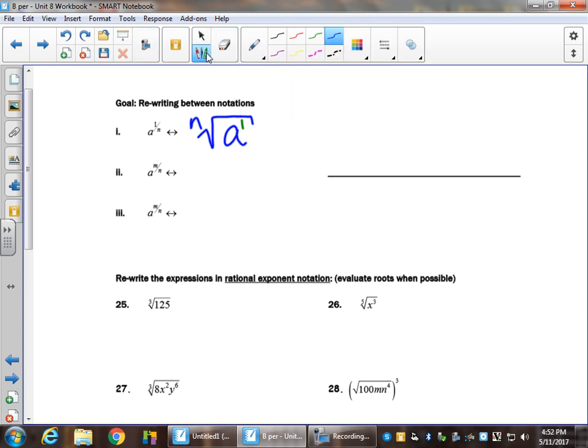Let me change the marker to be a little skinnier. Nth root of A to the first power is how you would read this out loud.